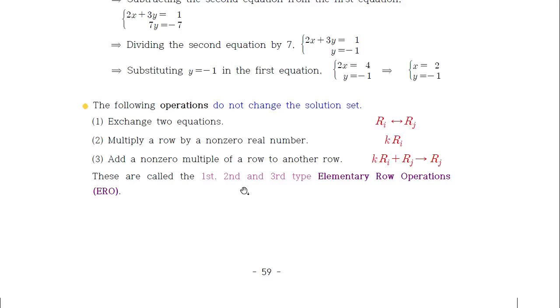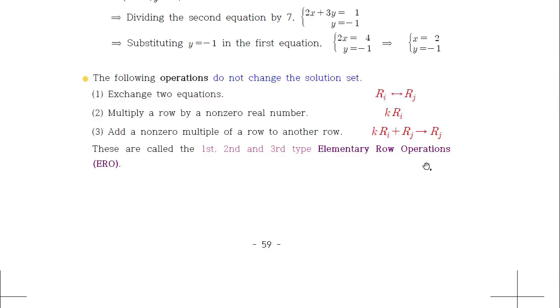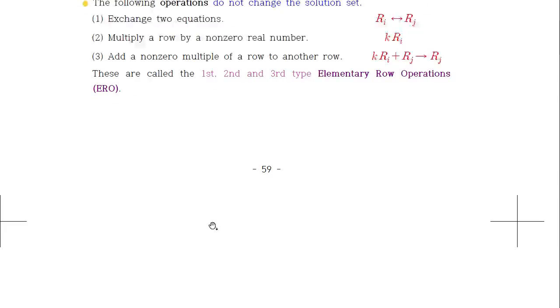This is called the first type elementary row operation, the exchange, and the second type elementary row operation for the scalar multiplication, and we call this the third type elementary row operation. This is the most important. We will write it as ERO.